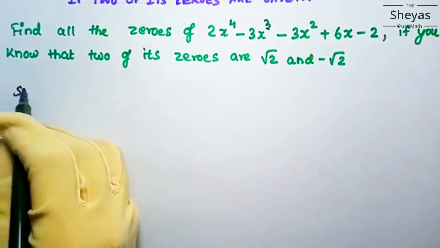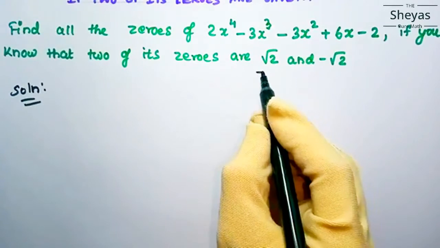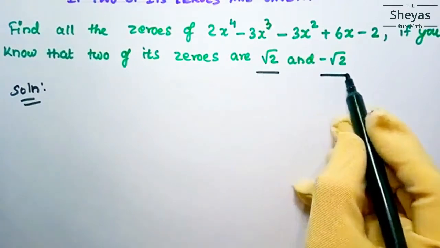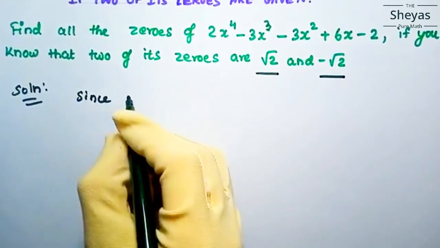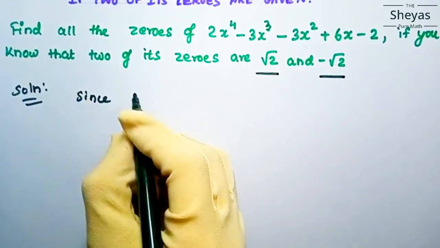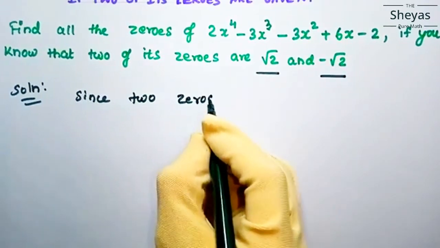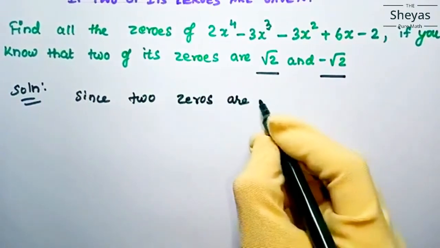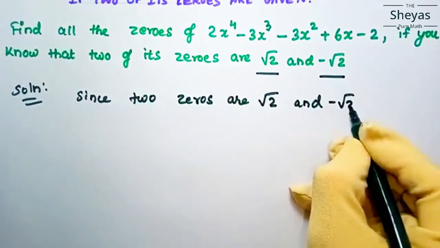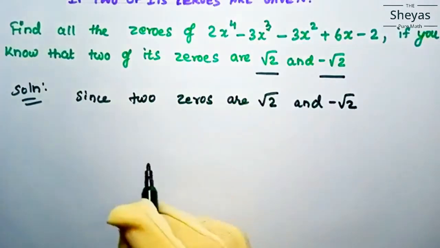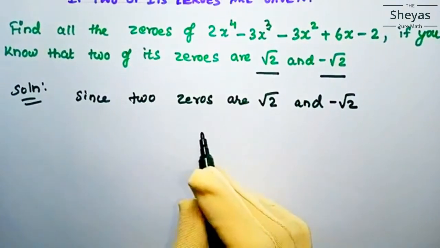So let us start this problem. Solution. What are the things given? Square root 2 and minus root 2. Since the given two zeros are root 2 and minus root 2, as I said in the quadratic polynomial example, how do you have to write?